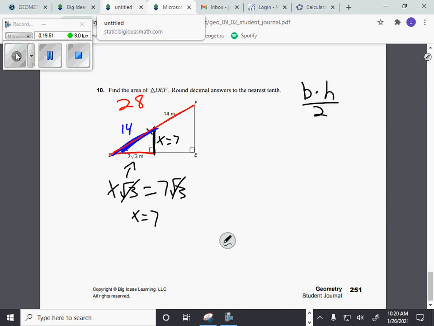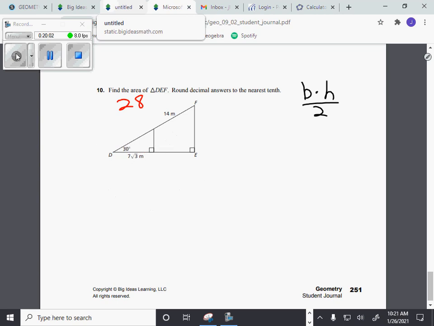And I don't have one of them. I can find, however, we're now focusing on this triangle, the big triangle. I know that if this hypotenuse is 28, this is 28 divided by 2, which is equal to 14. So my height is 14. I have base times 14 divided by 2.